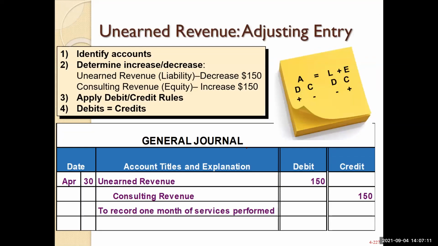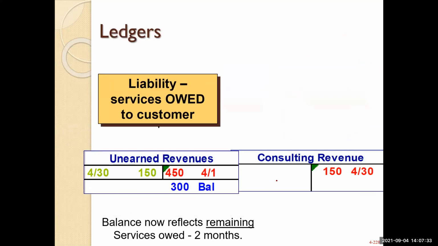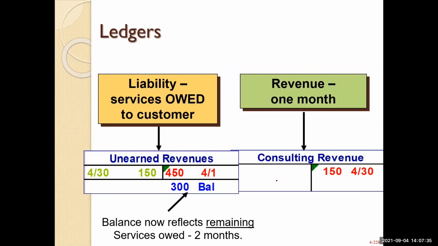Then we go ahead and record our adjusting entry. We use those same debit credit rules we used before, and we're going to debit unearned revenue, which is our liability decreasing. And we're going to credit consulting revenue, because revenue is always a credit because it always increases equity by definition. And then we go and post it to our ledgers.